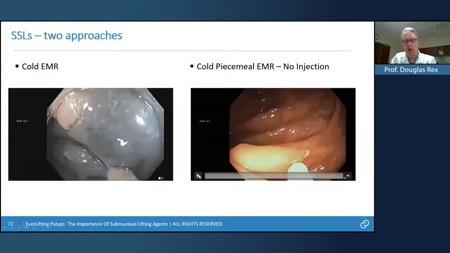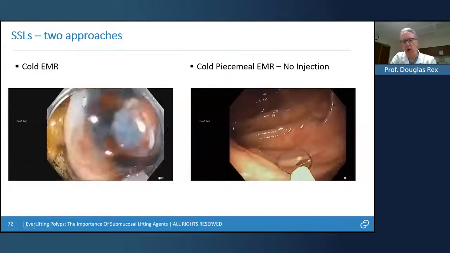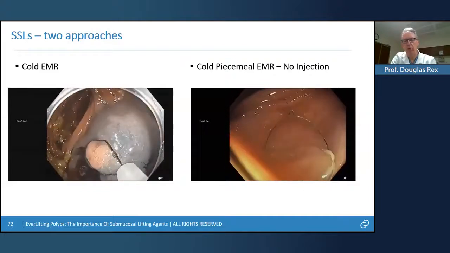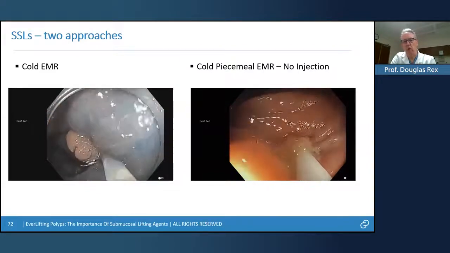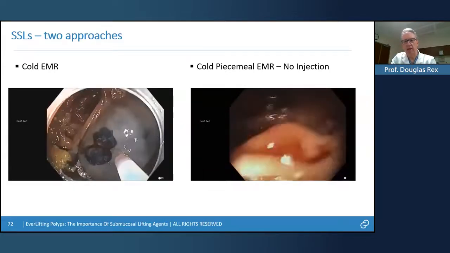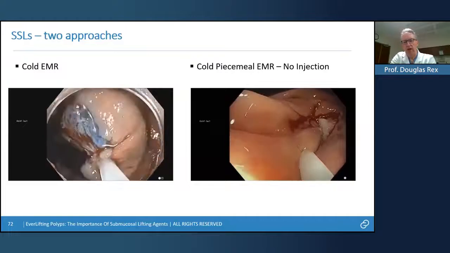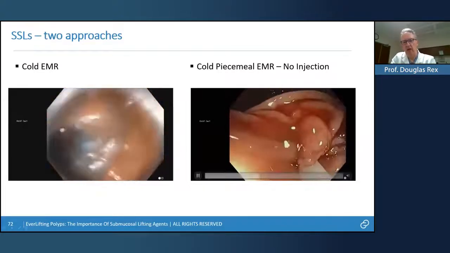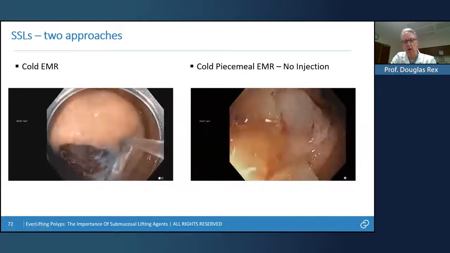We don't have a randomized controlled trial comparing cold EMR, meaning inject and resect, to just cold piecemeal without injection. One advantage of injection is it gives you a very clear picture of the border of the lesion. But the other alternative is to just go at it with a snare. And we've seen large observational series with both of these techniques, and both of them have been associated with low recurrence rates. And even when we are not injecting, we can use the water jet in the non-injection method over here on the right and expand the submucosa with that.